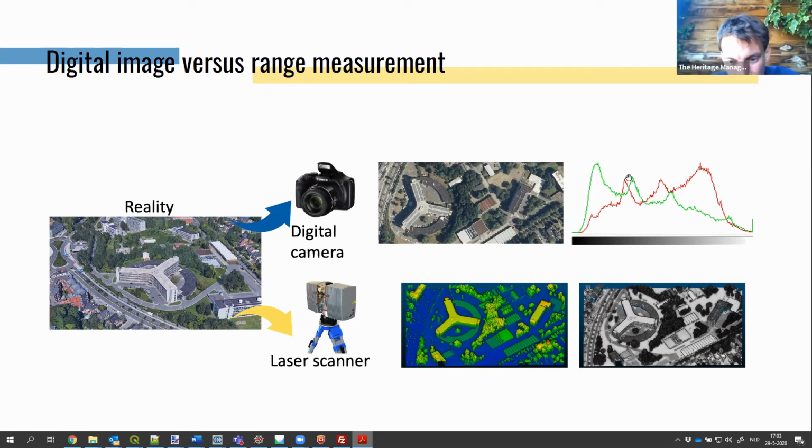We're actually using the time of flight, like I already said, to obtain the geometry. So it means that we get a representation of the geometry of our feature, but also, as already mentioned, the intensity value that can be captured while working with a laser scanner.